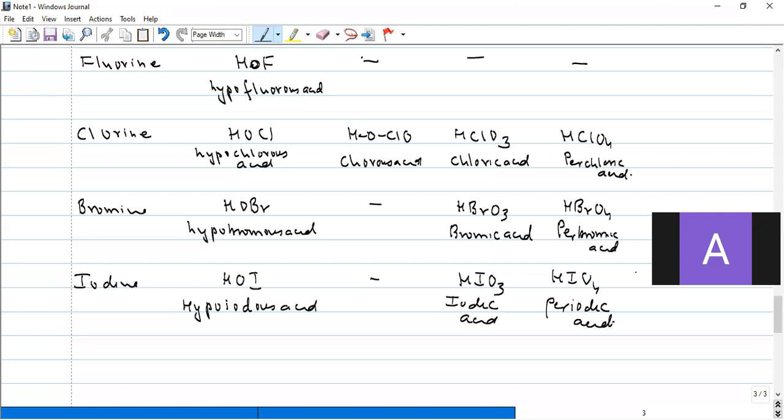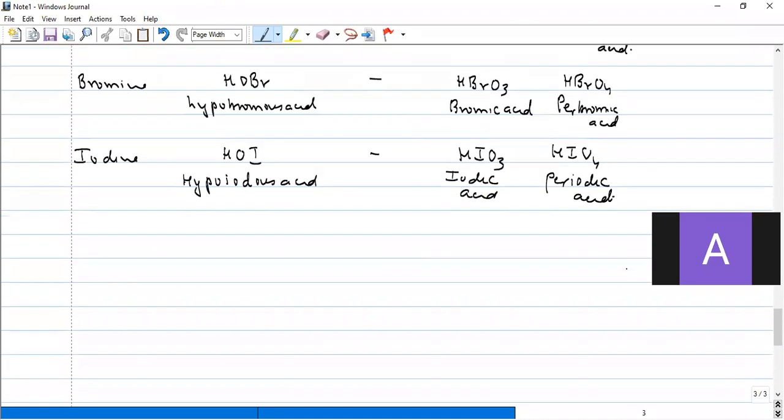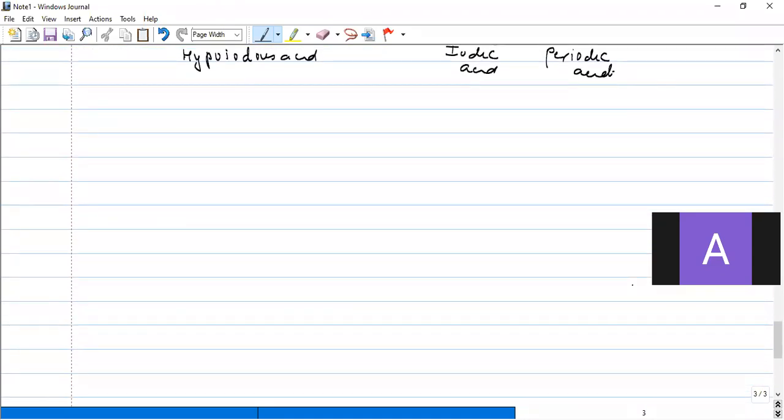So that was the oxyacids of halogens. Now we'll move on to compounds of group 16, group 17, group 18. We'll be seeing the compounds of group 16 first.